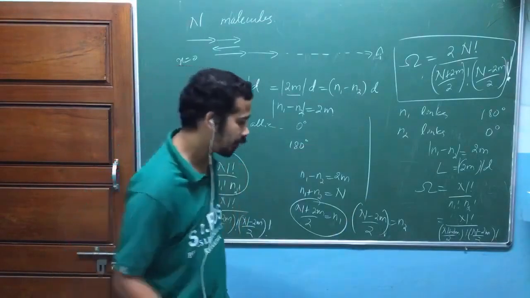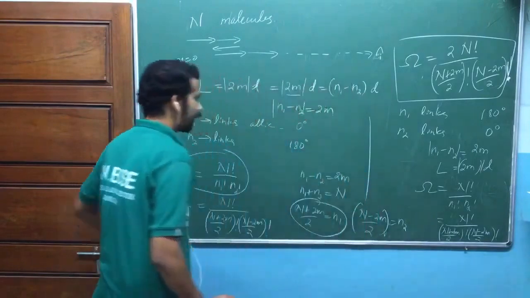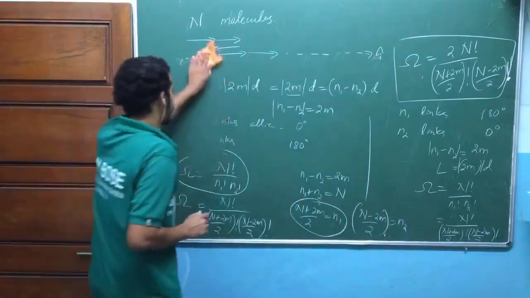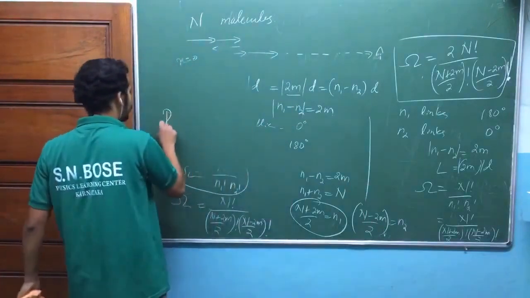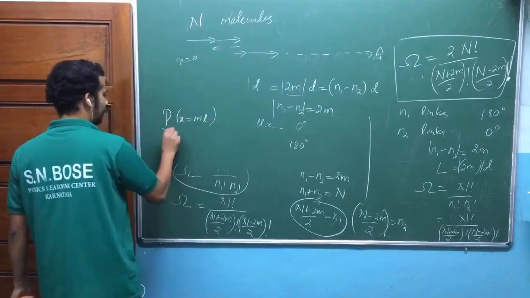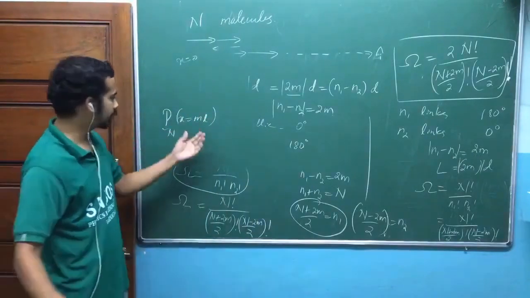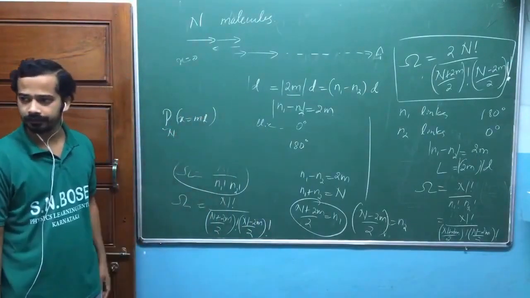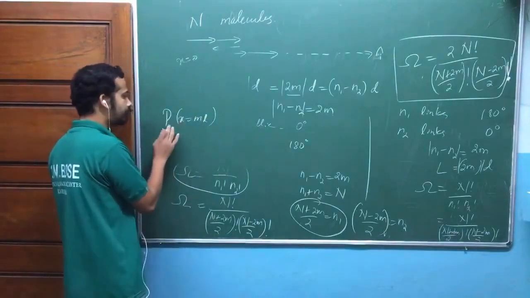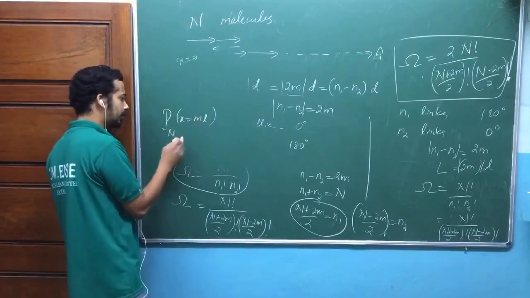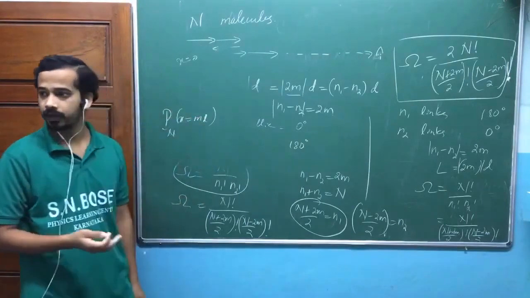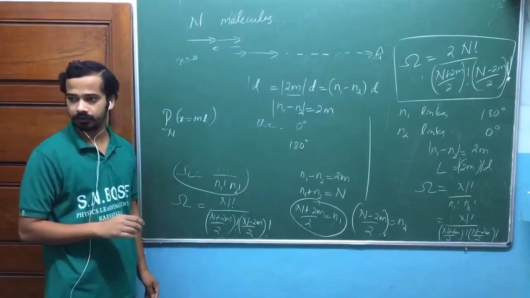So in the random walk problem, why don't we use this factor 2? That's a good question, isn't it? In the random walk problem, look at here. If you are talking about the probability of getting x equal to m times L after n steps, am I right? That x can be positive or negative. For positive x, you have taken the probability as different from the probability of negative x.